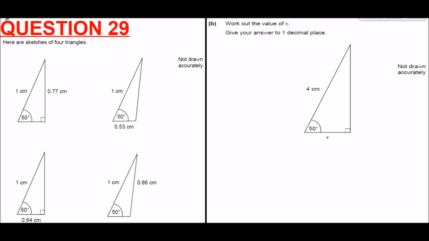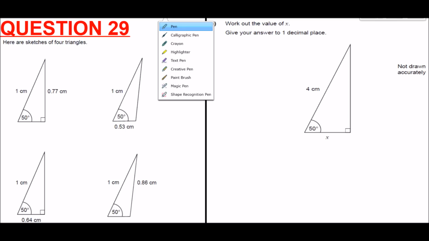Now for part B, it says work out the value of x, give your answer to 1 decimal place of this triangle. Now this triangle here has got the same angle and the same hypotenuse. Well, the hypotenuse is 4, I should say, but it's a 50-degree angle.